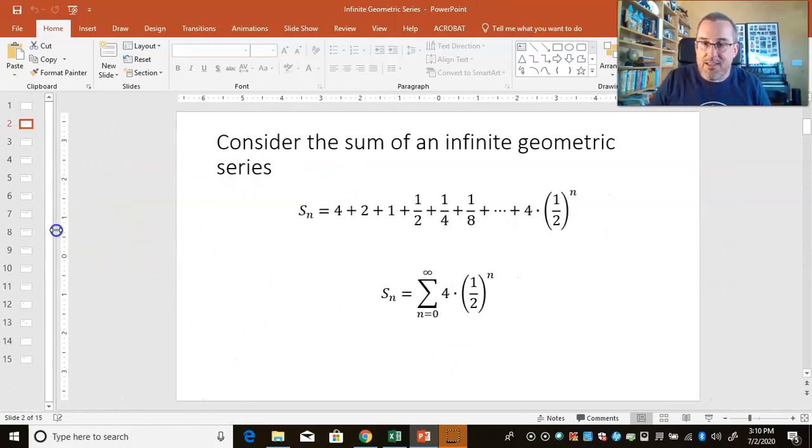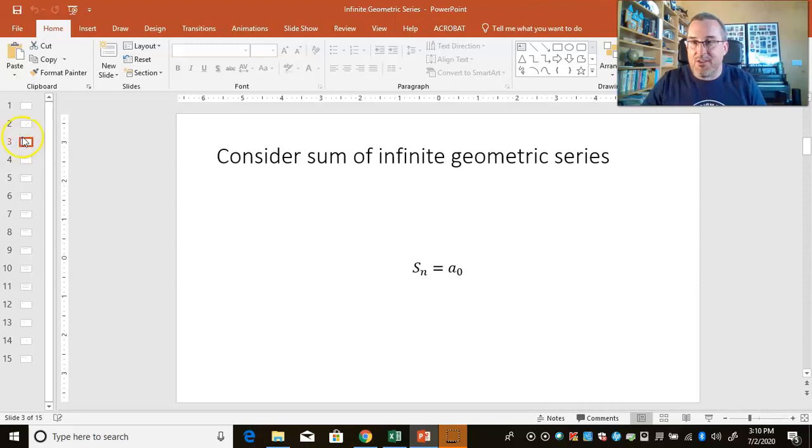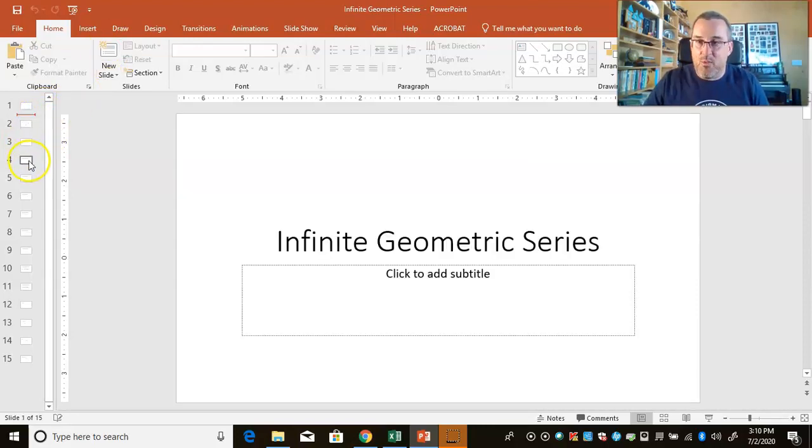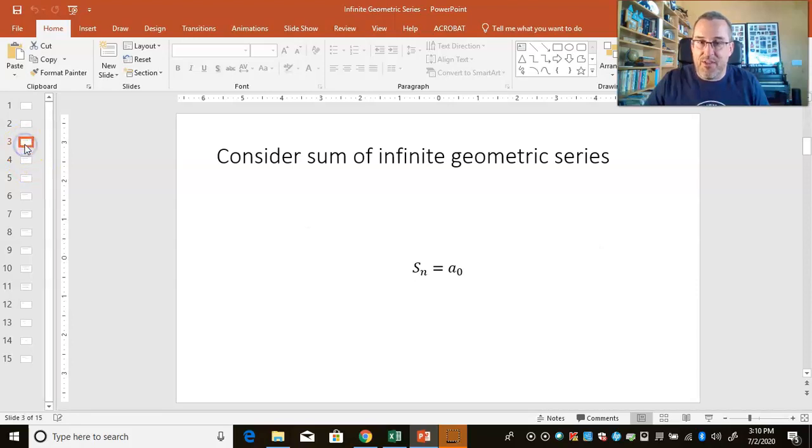I hope you can see this well. I want to actually stay here so I can draw some things. So in general, we are saying start with a term. In our case, we started with 4. But in general, we say a sub 0. This a sub whatever number is the common way in the mathematics community to express the terms of a sequence or series.